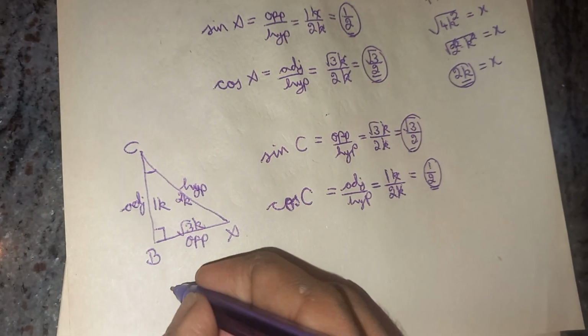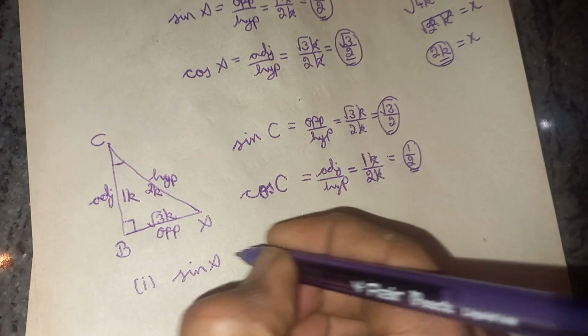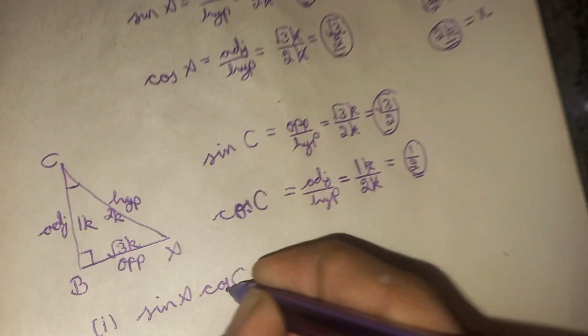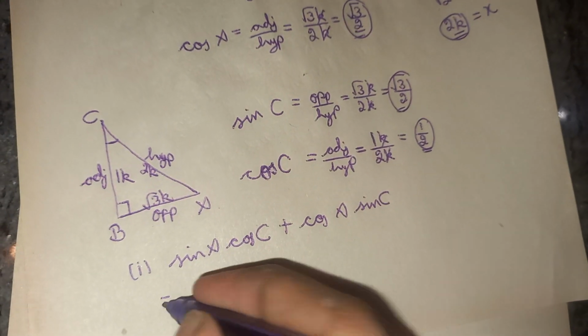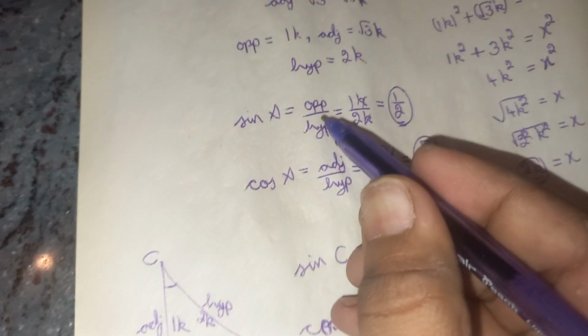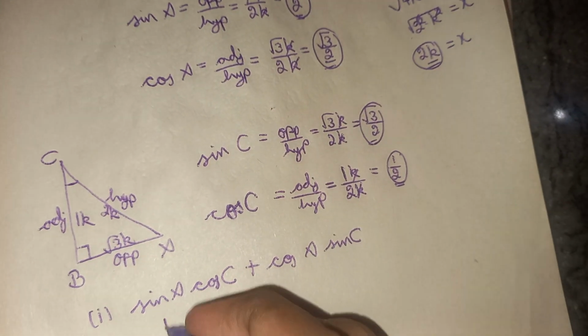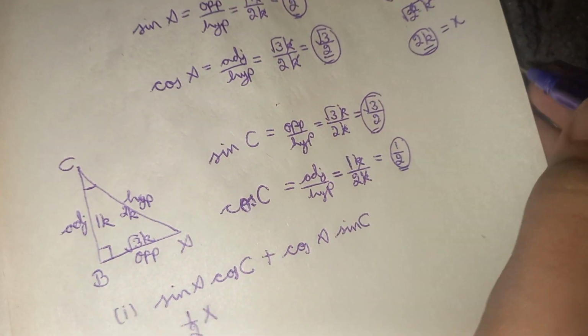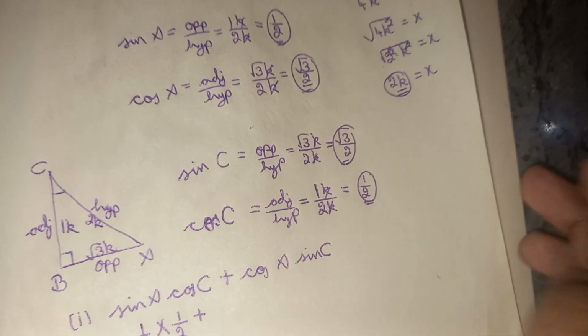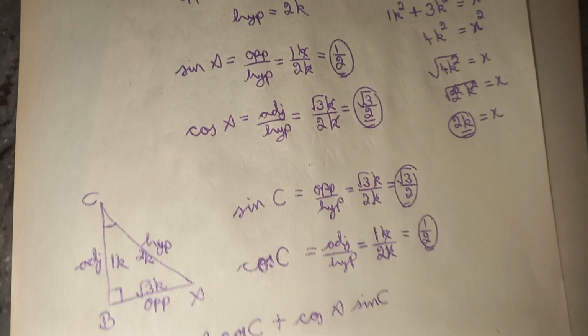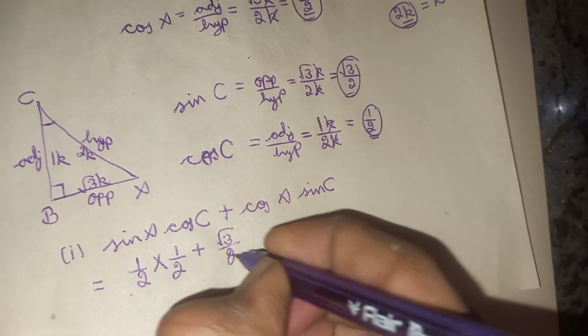Now let's find the first value: sin A cos C plus cos A sin C. Sin A is half and cos C is half, so half times half, plus cos A sin C, root 3 by 2 times root 3 by 2.